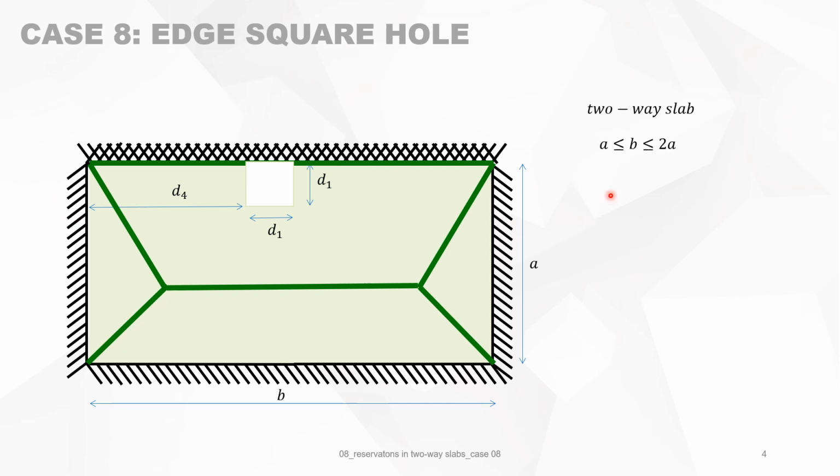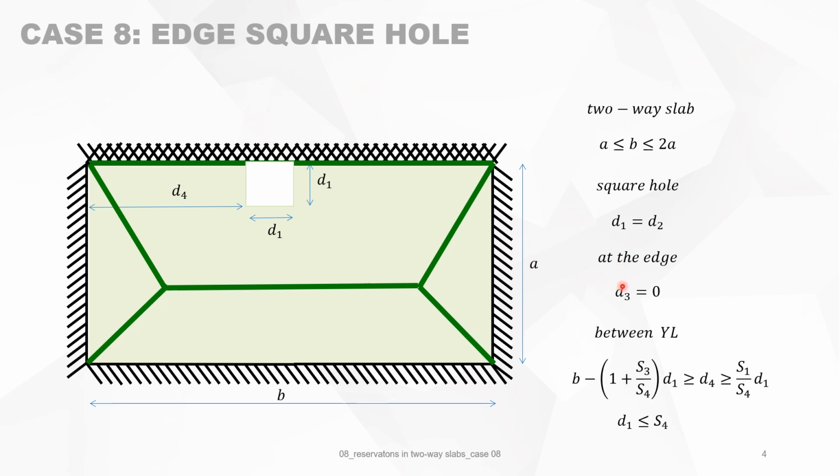The conditions for case 8 are then: two-way slab, B must be between A and 2 times A. Square hole, of course, D1 is equal to D2. And at the edge, that means the top edge, D3 is 0. And we will consider only a hole between those two yield lines. So the yield lines will not be cut.